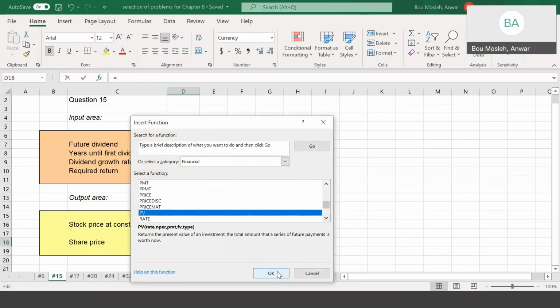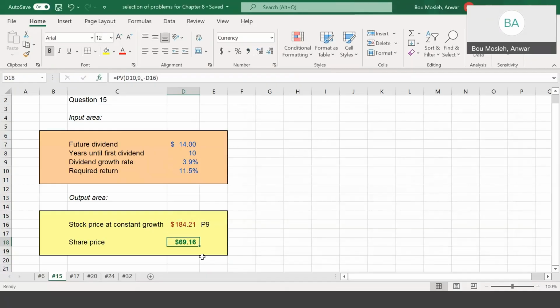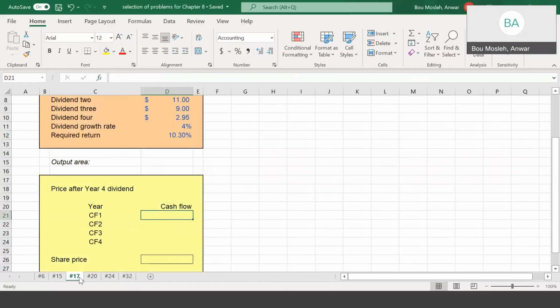Here, present value, given a rate of 11.5, given that we're at P9, so P0 would be 9 years before, and if we put a negative sign here, we know that the future value is 184. So the price today is nothing but 69.16, which is the present value of this P9. During that period of 9 years, there's no payments whatsoever. That's why we don't have to account for anything other than the price as a lump sum.